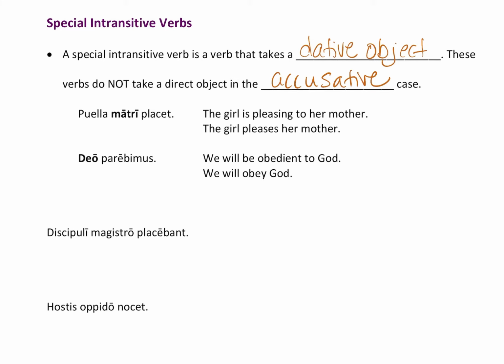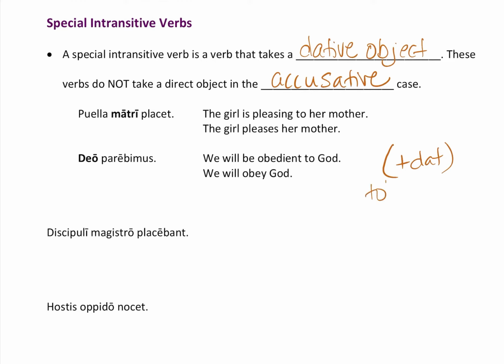In your homework this week, a number of the verbs in your vocabulary are these special intransitive verbs. They'll have a plus DAT after them, just like this, in parentheses. That's the way when you look in the glossary, you know that it takes a dative. There'll also be two ways to translate these verbs.